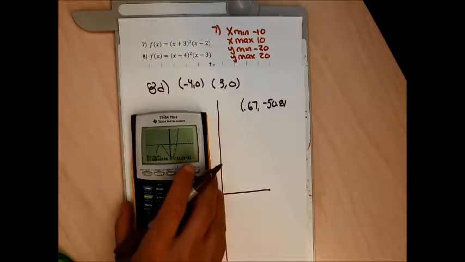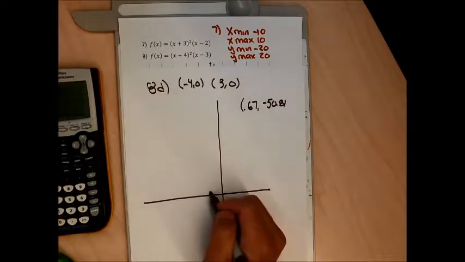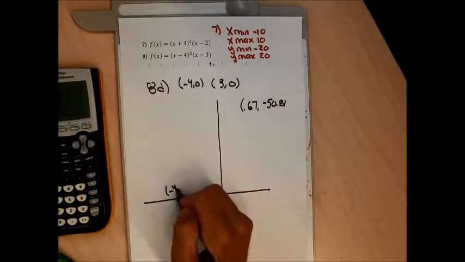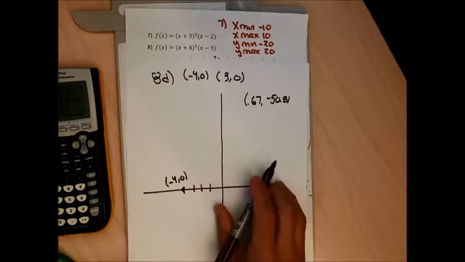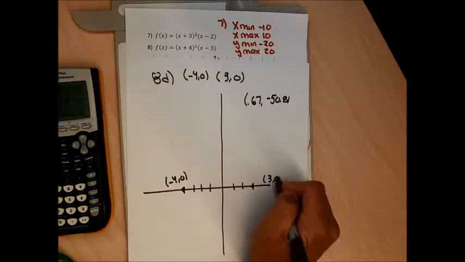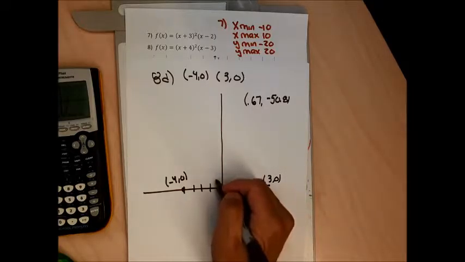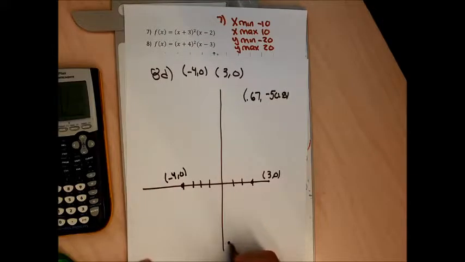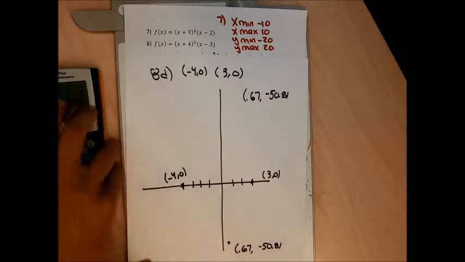So I'm going to plot this the best I can now. I'm going to plot the point negative 4, 0, which is a turning point because it has even multiplicity. 3, 0, which is not a turning point because it has odd multiplicity. And 0.67 negative 50.8, I'm going to get really crude here and call this the point 0.67 negative 50.8 without even making marks on my y-axis.